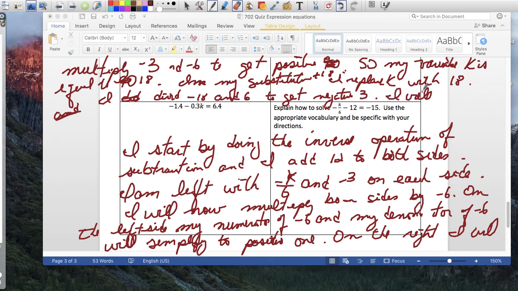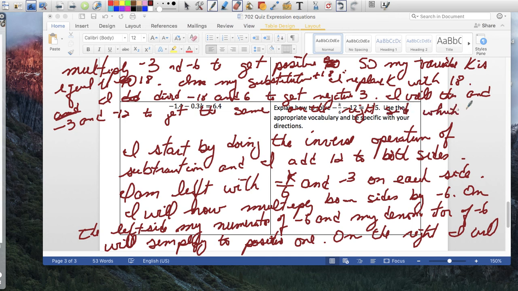I will then add negative 3 and negative 12 to get the same value on the right side, which is negative 15. A little messy, but that's the idea. Okay.